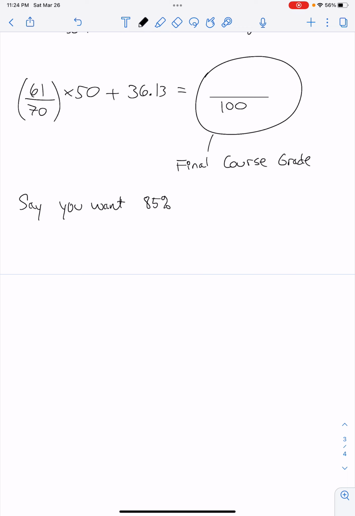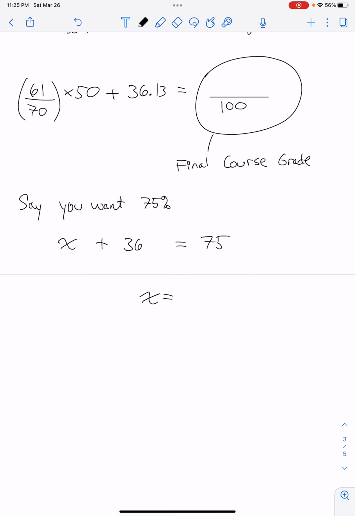So say you want 85%, or maybe you just want a B. Figure 75% minimum that you'll be thrilled with. So you want 75%. So let's put it in terms of points. You want a total of 75. You've already got 36.